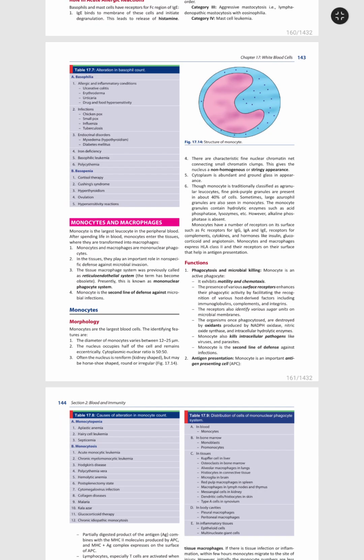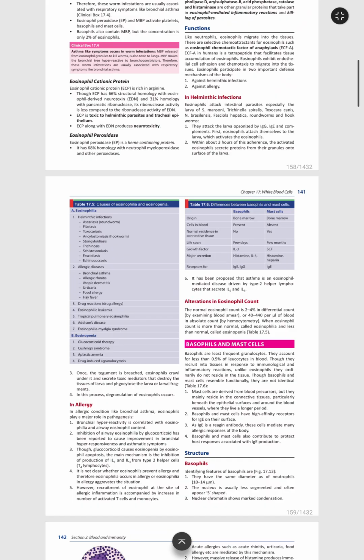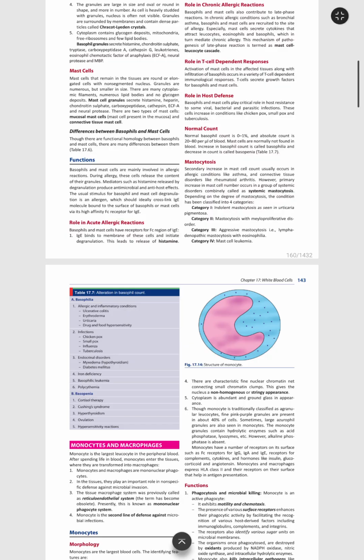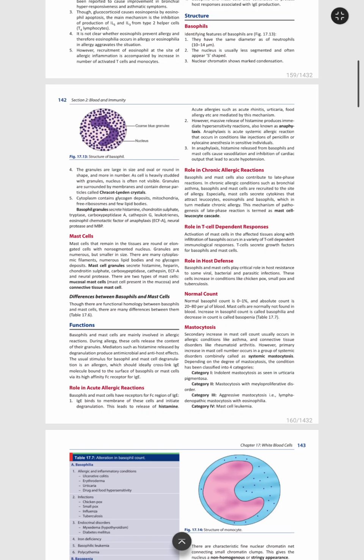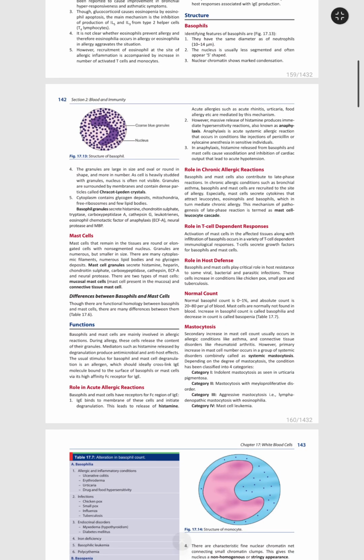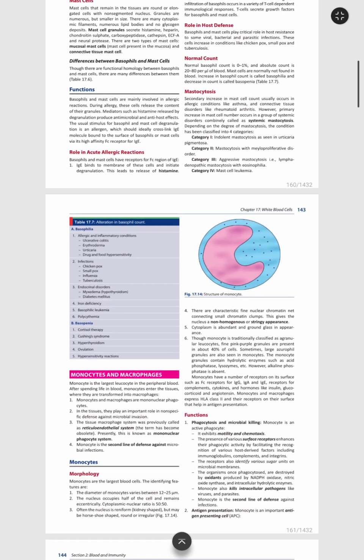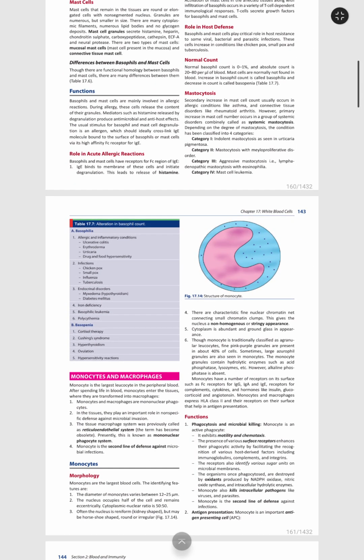basophilia and basopenia. Basophilia occurs in allergic reaction, rhinitis, then arthritis, infections like influenza.